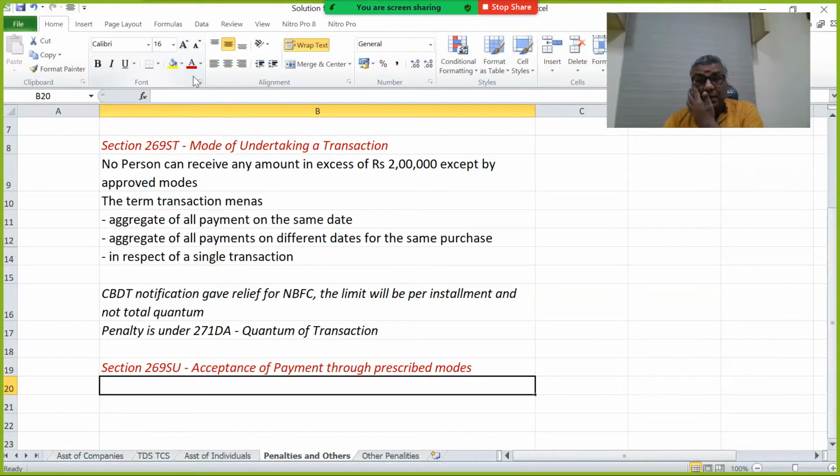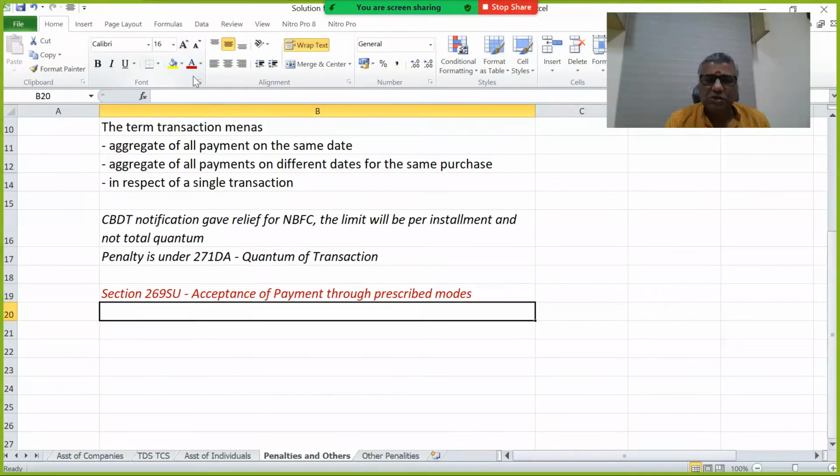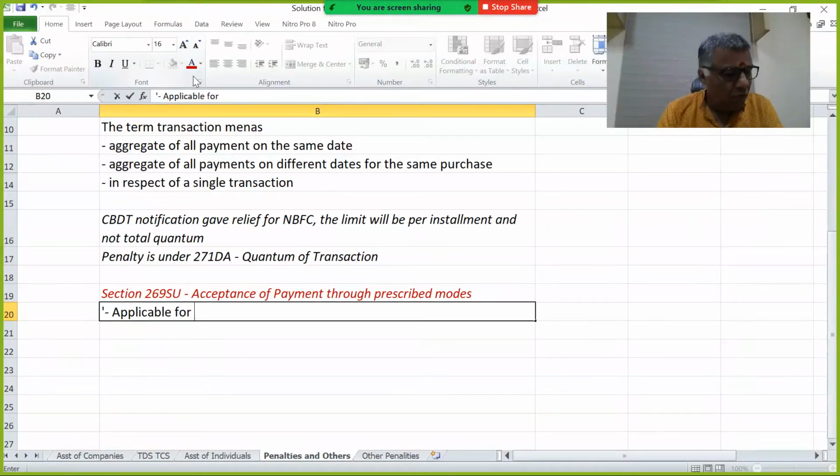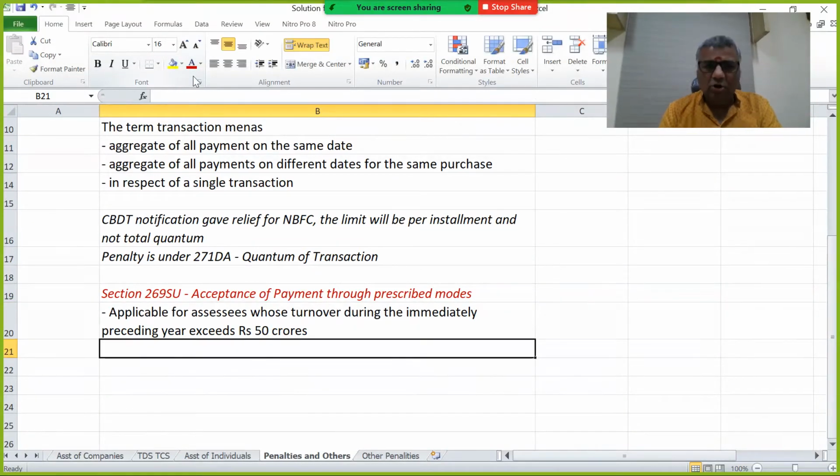Section 269SU is applicable for assessees whose turnover during the immediately preceding year exceeds rupees 50 crores. Apart from their payment gateway, they have to have one more thing.